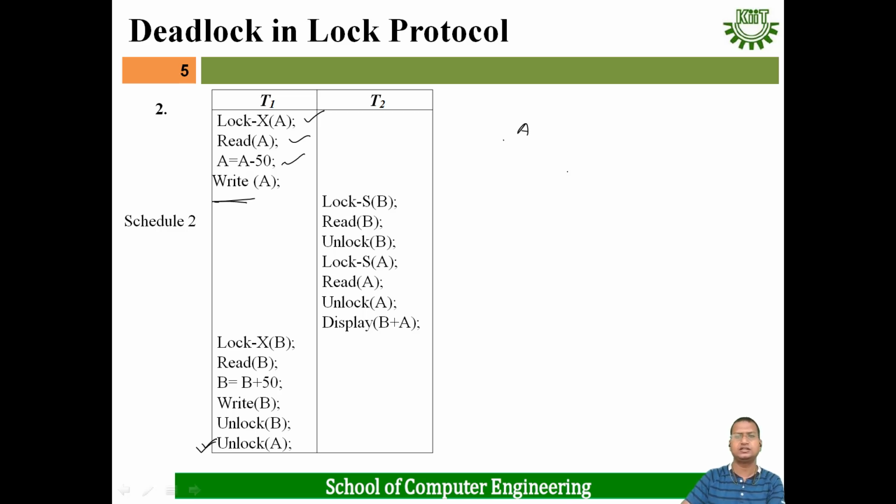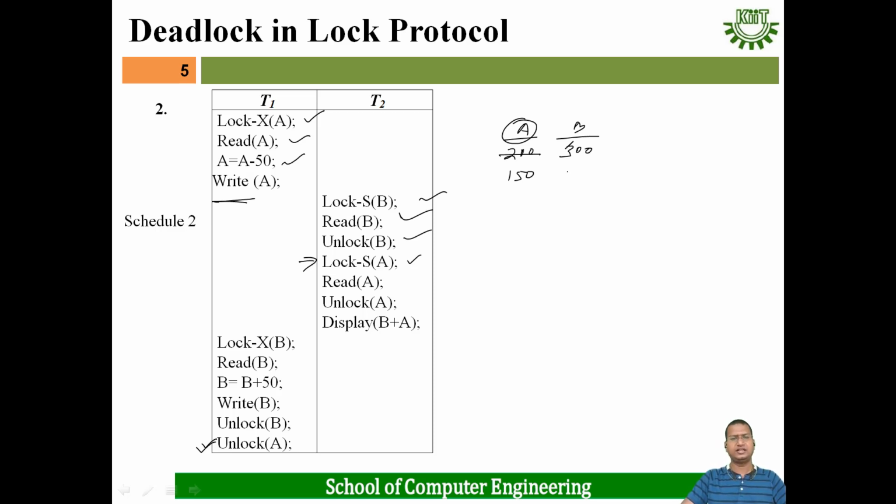Initial A balance was 200 and B balance was 300. Now it has updated A balance to 150. Write A. Then lock S on B, read B. Yes, it will read B. Transaction T2: unlock B, lock S on A. Whenever an exclusive lock is applied on a variable by T1, can we apply a read lock on A?